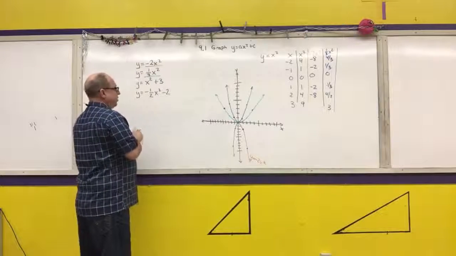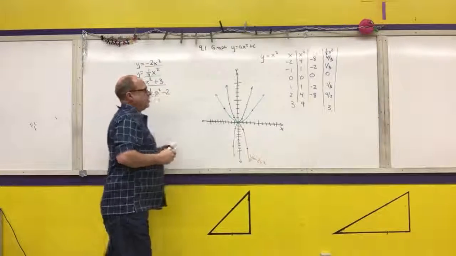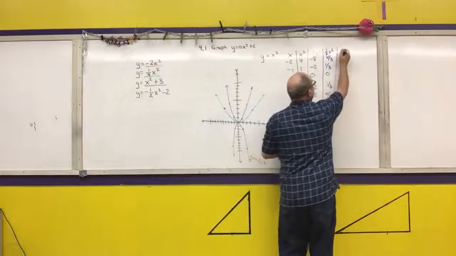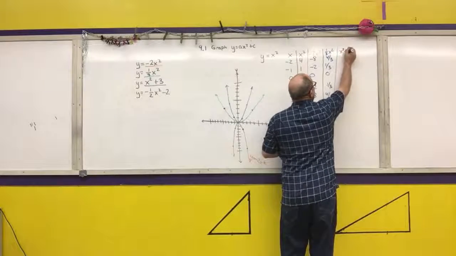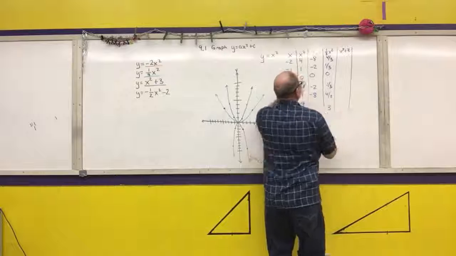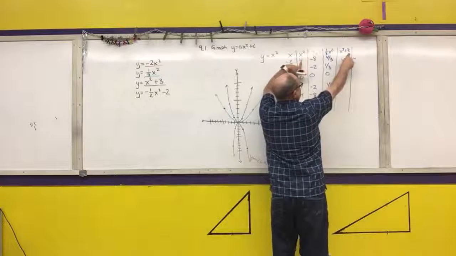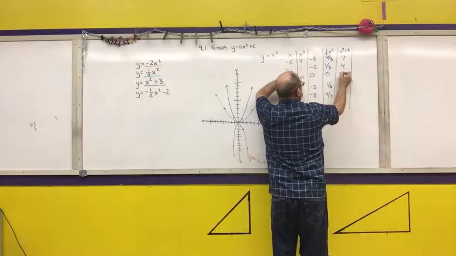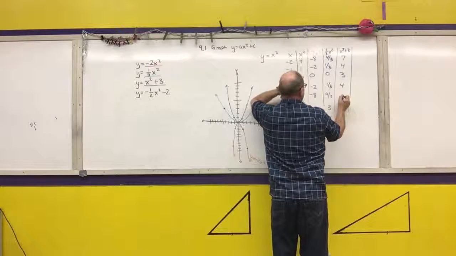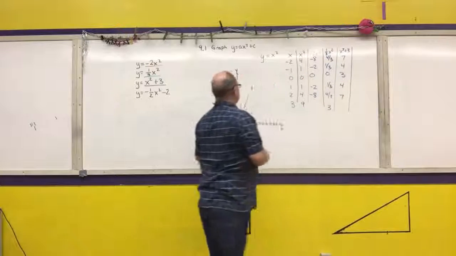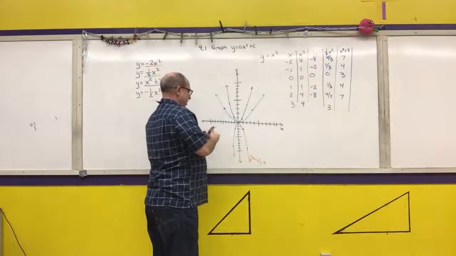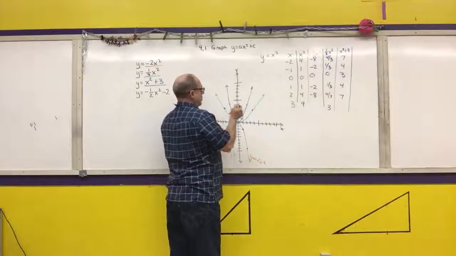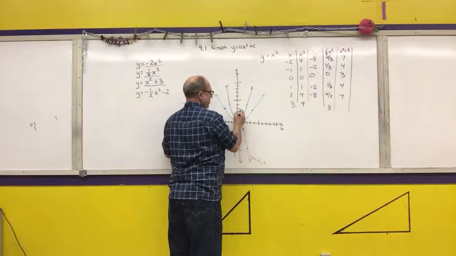Next graph I'm going to do is x squared plus 3. And again, if you know what x squared is, all you're going to do is add 3 to each of these. So 7, 4, 3, 4, 7. So what I'm going to do is start at the middle. That's 3.